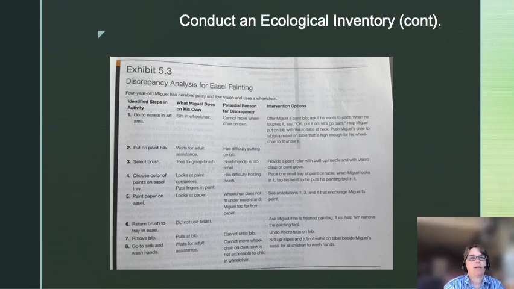Then what you want to think about is watching a student that you're going to be modifying for doing the task as it is naturally done, and see how he does at each of the steps and whether or not there are places or gaps in the chain, they refer to it here as a discrepancy, for where you would need to intervene or support.